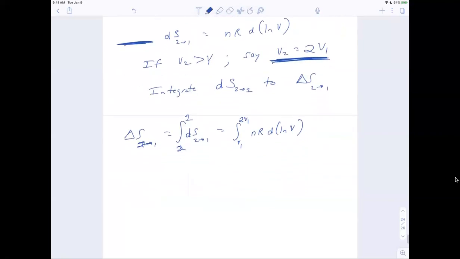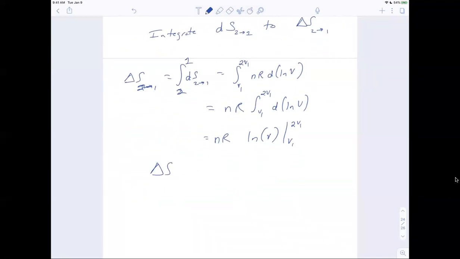This integral is very straightforward. n is a constant, R is a constant. This is the integral from V1 to 2V1 of d natural log V, but that just turns out to be natural log V evaluated at V1 to 2V1.